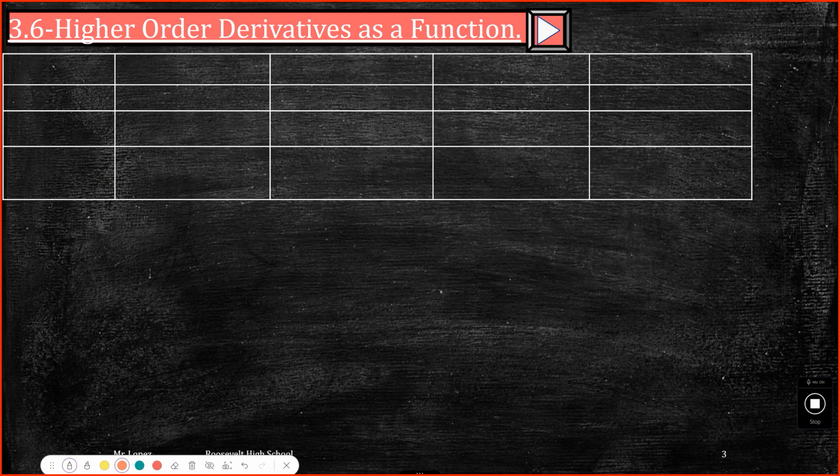If you're given a notation of y, you can take the first derivative of y, and that's going to be y prime. You get an answer for that first derivative, and you can take the second derivative of this, and it would be y double prime.